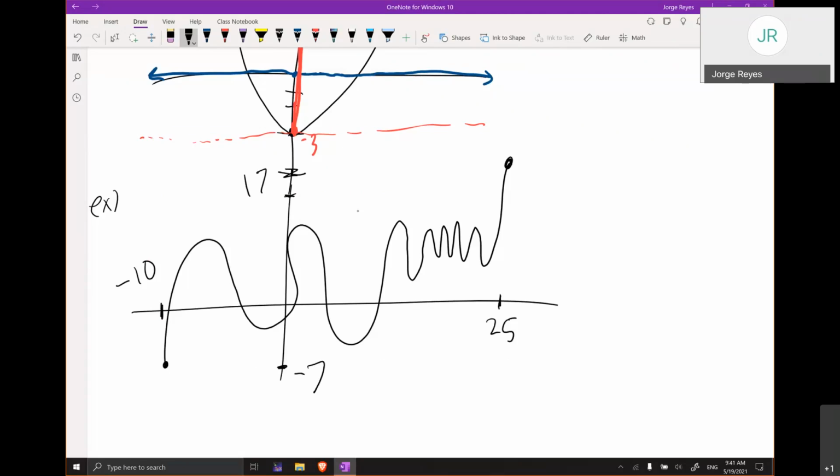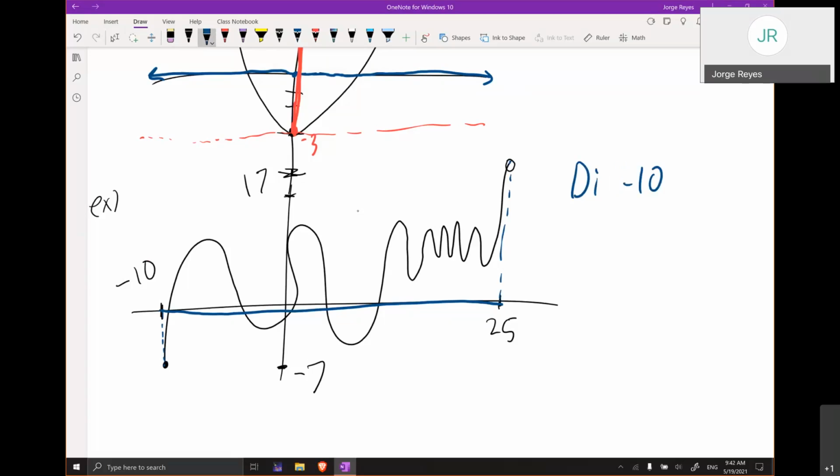And this is where there's no arrows. So this is it. It just stops. So I hope you can see the domain. The domain would be this. So the domain is -10, well, I could put an open circle. Let's be a little interesting. Open circle.